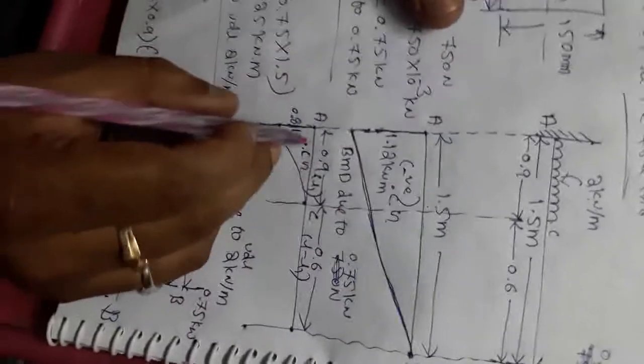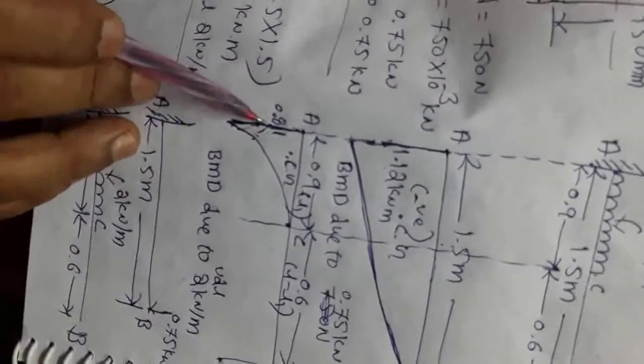And next 1 by 3. For the parabolic shape, base is 0.81 and height is 0.9, the span length.